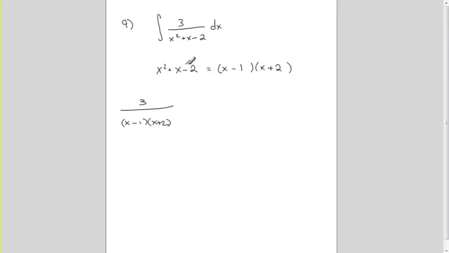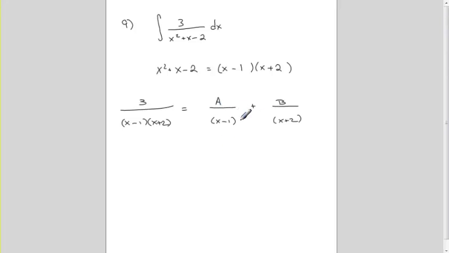So this is just this equation with the denominator factored. And then partial fractions says if we have distinct linear factors, we have some constant A divided by one of the linear factors plus the constant B divided by the other linear factor, like that. And now we have to figure out what A and B are to make things work out.